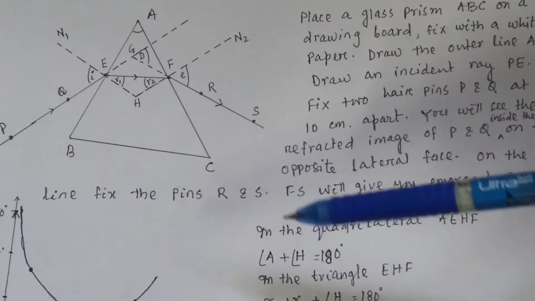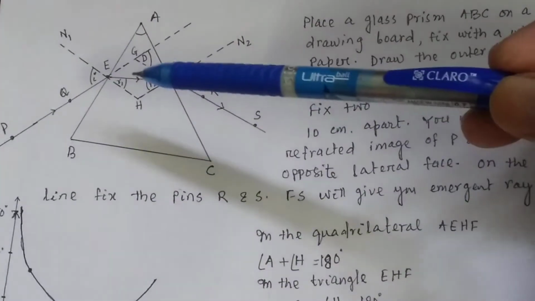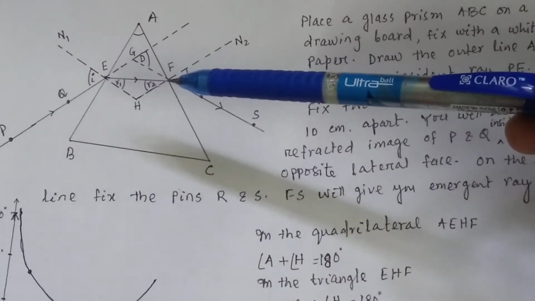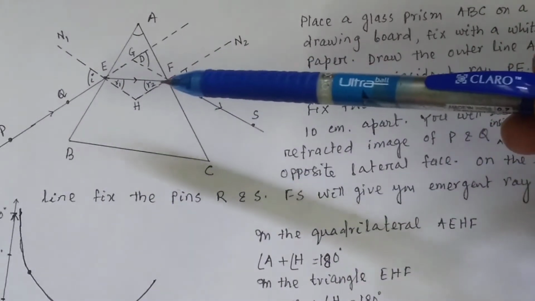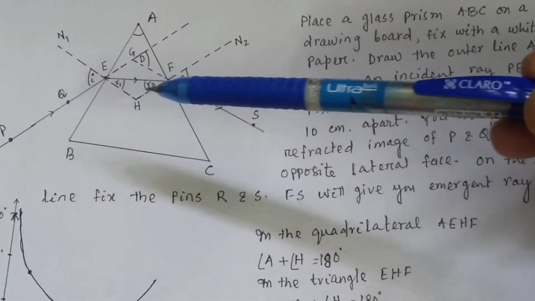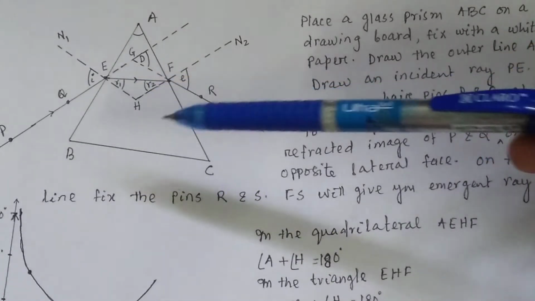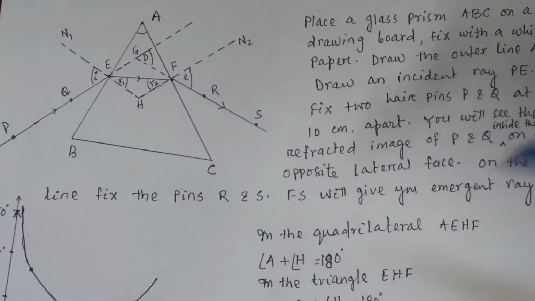Again, consider the triangle EHF. In this triangle, angle R1 plus angle R2 plus angle H is equal to 180 degrees.